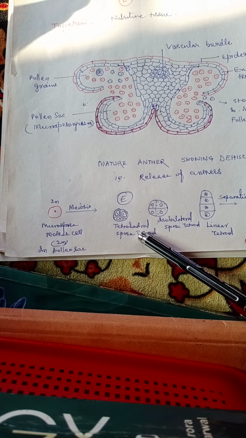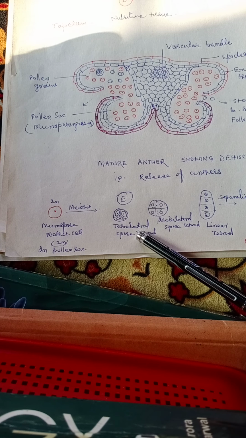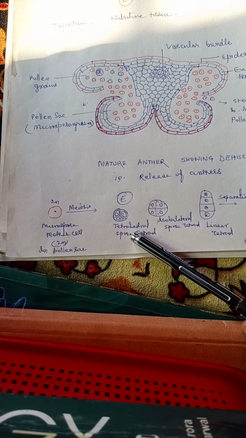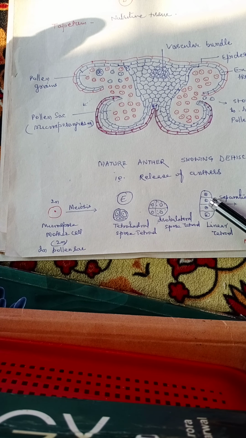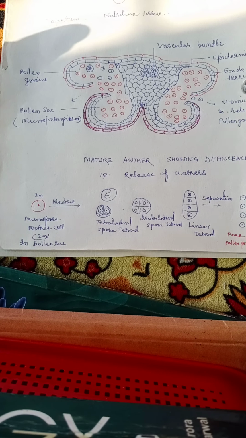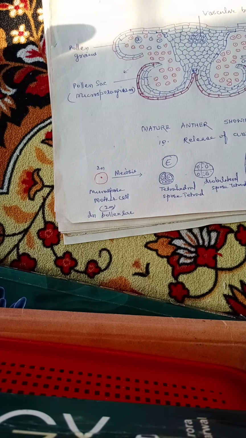Since angiospermic plants are a large group, the arrangement of the spore tetrad is different in different angiospermic plants. In the majority of angiospermic plants, the spore tetrads are found to be arranged in a linear fashion.